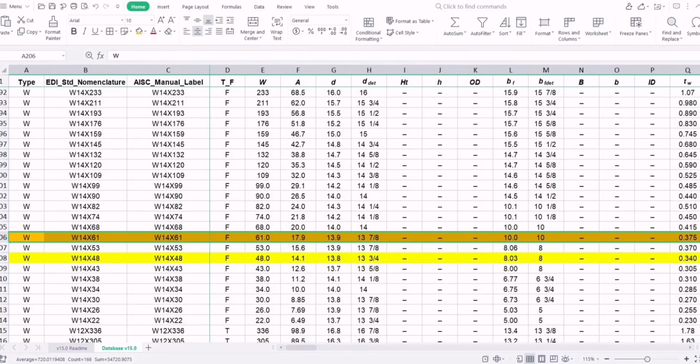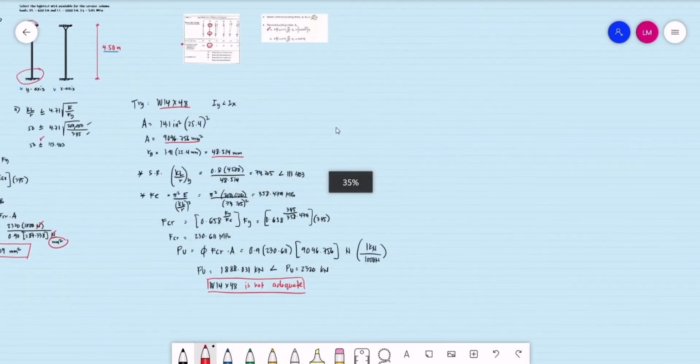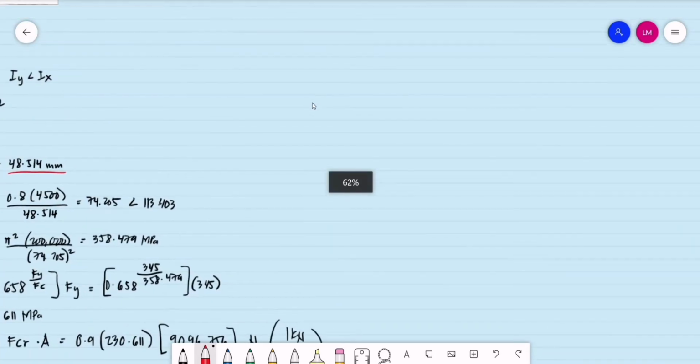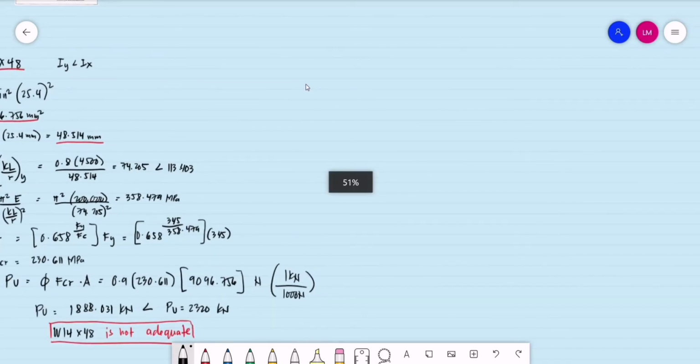So the area is equal to 17.9 square inches.